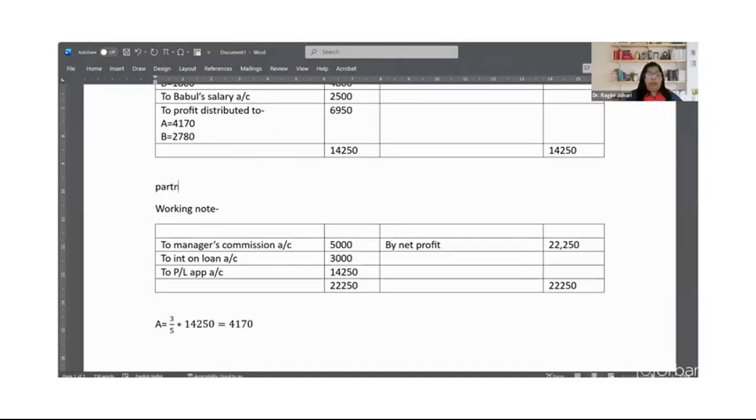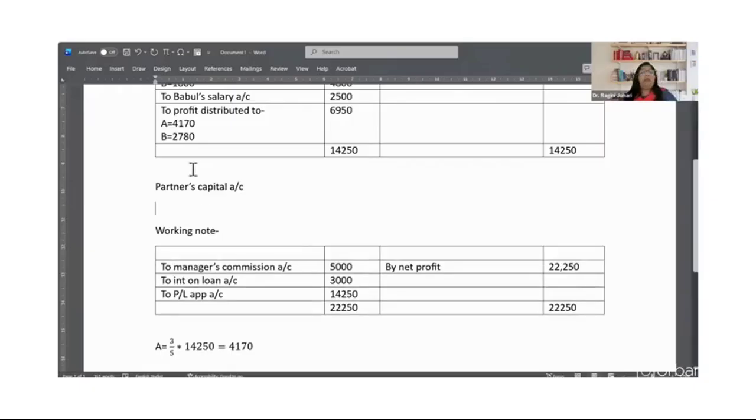Now let us understand, this partners capital account, guys, is a ledger account to be prepared in the same format. Since two partners are there, obviously we'll be modifying the format a little bit, but the basic format remains the same.